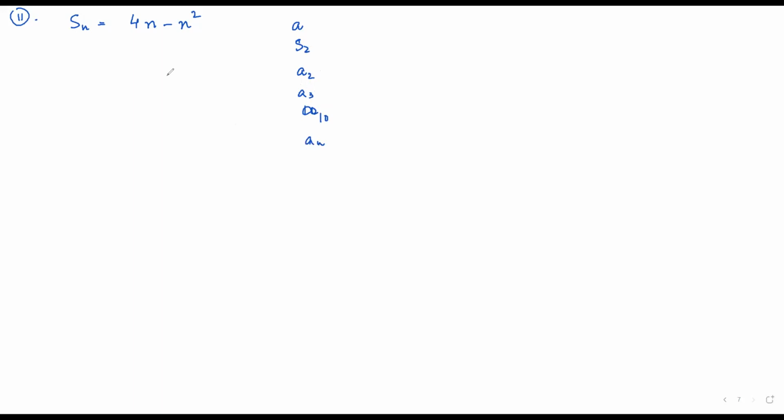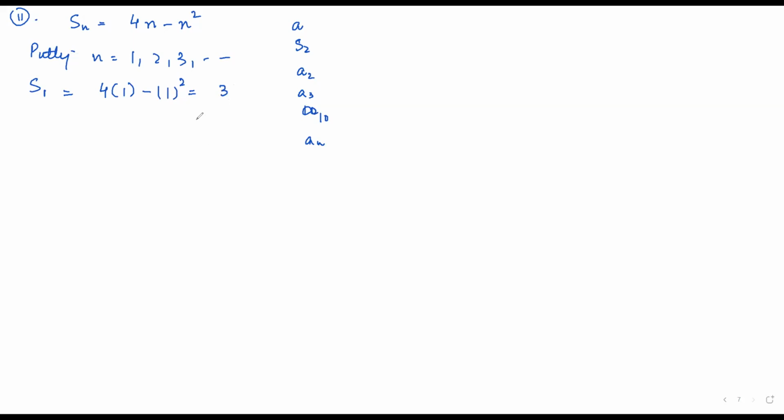So if I put n is equal to 1, so I get S1. Understood? Putting n is equal to 1, 2, 3 and so on. So I get S1. S1 means sum of one term, right? So 4 into 1 minus 1 square. So that becomes 4 minus 1, that is 3, right?